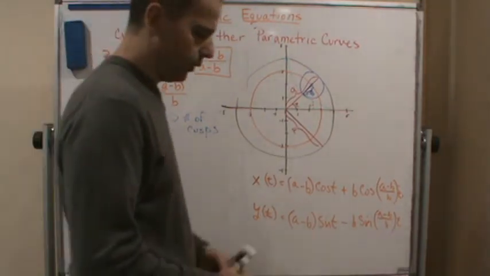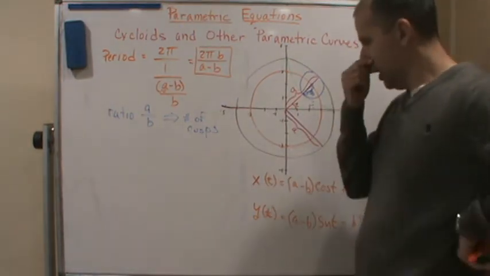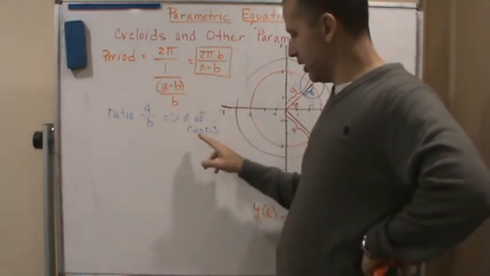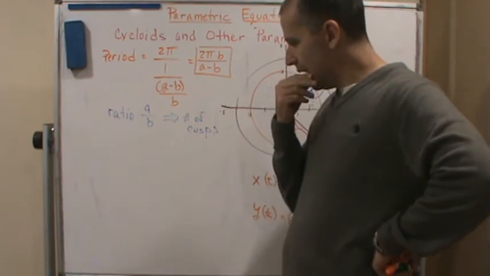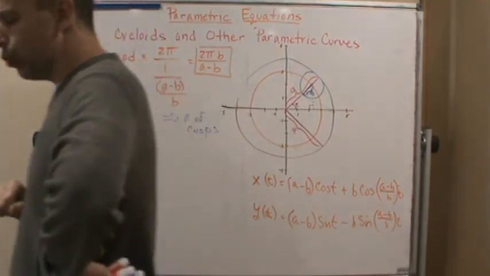Yes, there is. Okay, so here, a couple of things just to keep in mind, again, as far as behavior goes. This ratio is going to tell you the number of cusps there are if it's rational.